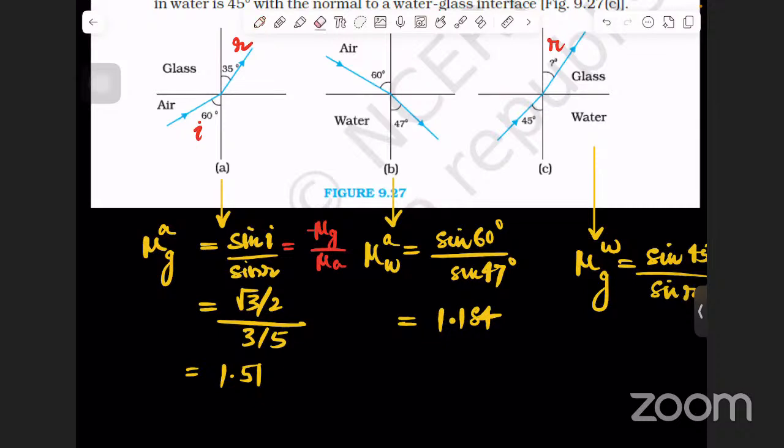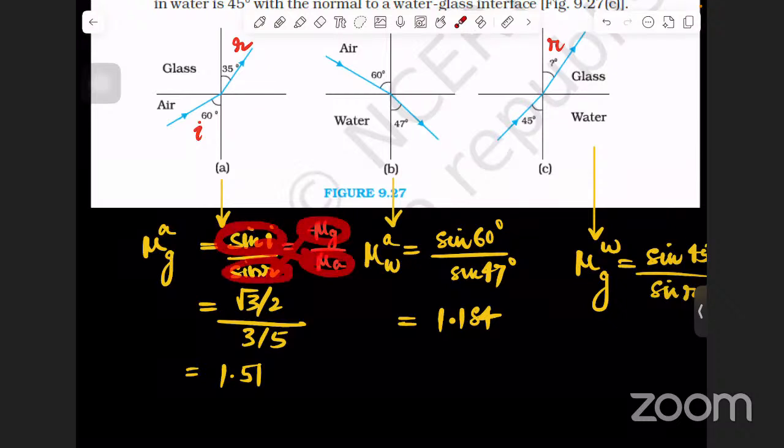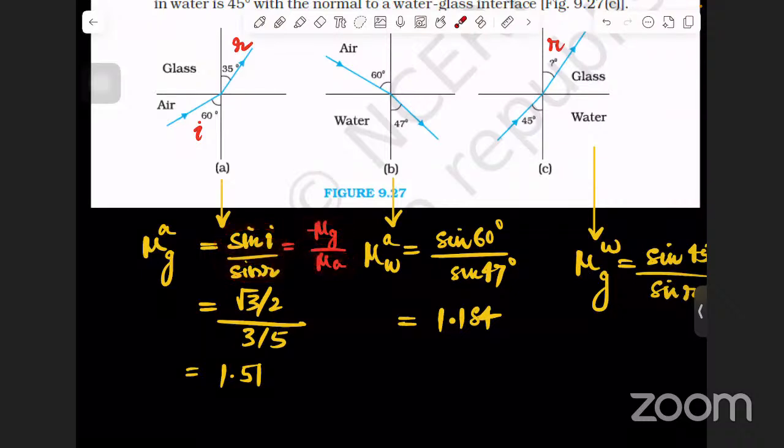It's reciprocal, right? The angle and the mu are opposite. If this is in the numerator, this should be in the denominator. So remember this trick, you won't get confused.